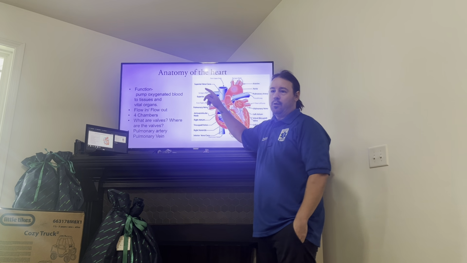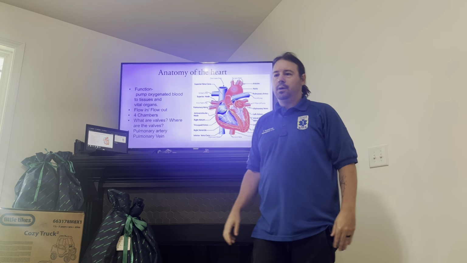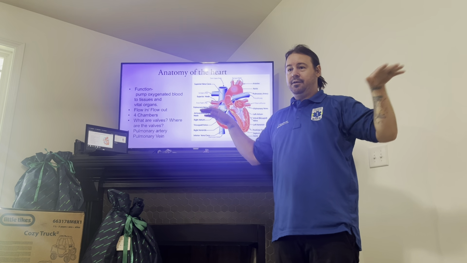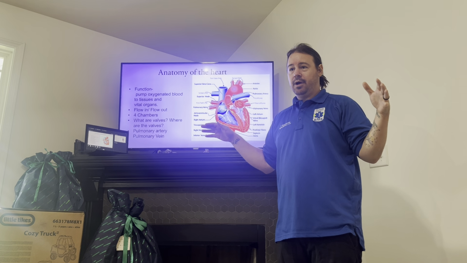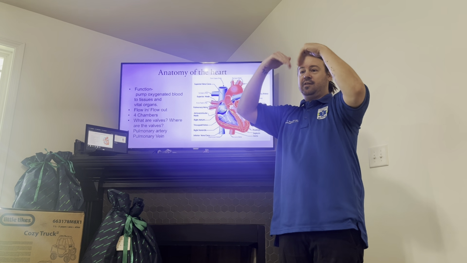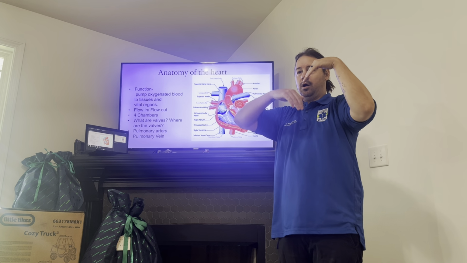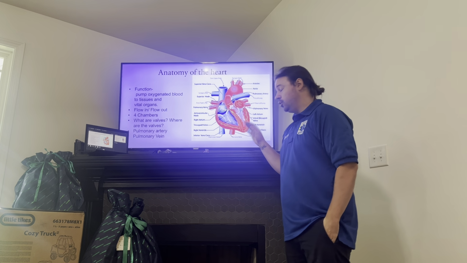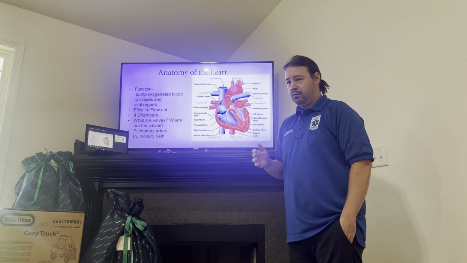There's what's called an aortic valve. So as you're pumping blood into the aorta to then go to the rest of the body to feed the body with all the blood that it needs, right? There is a major valve that stops it from going backwards into the heart, okay? And that's very important. These valves are used to stop the backflow of blood.